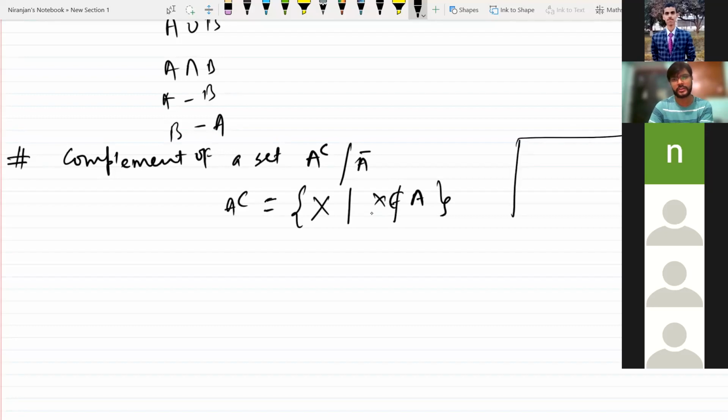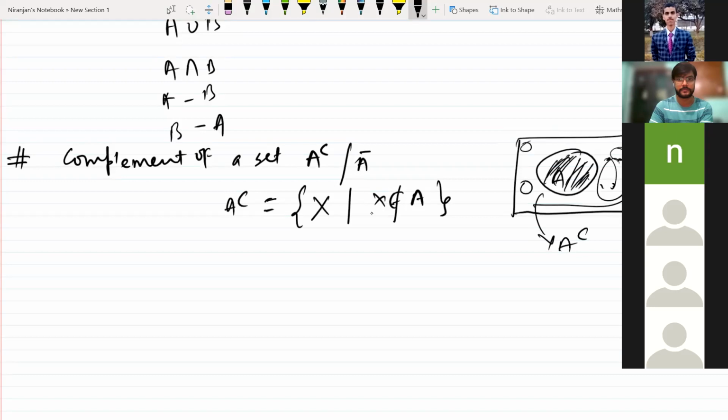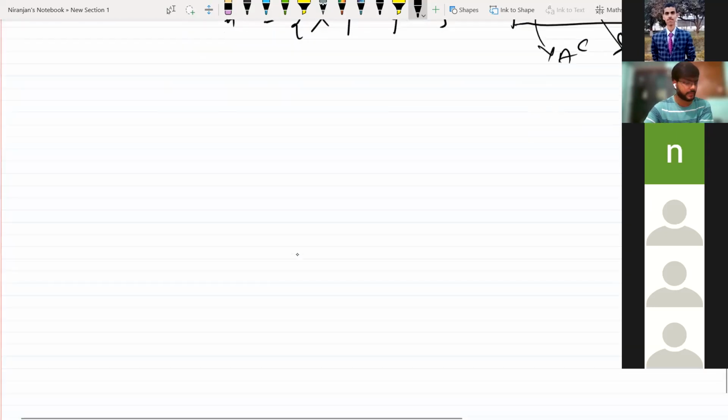You can see through the Venn diagram, suppose you have a set A. Whatever is outside of this A set would be the complement of this set. These areas are the complement of set A. So this is easy.